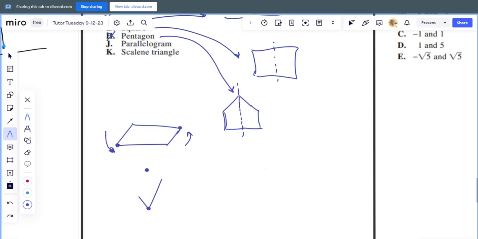No, that still doesn't have a vertical line of symmetry. Let me skip through that one.